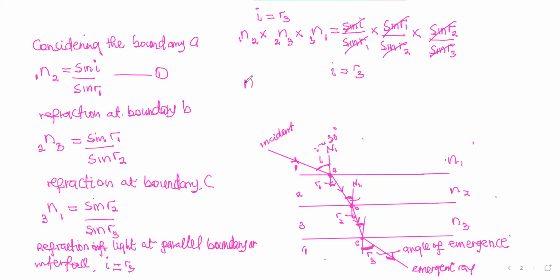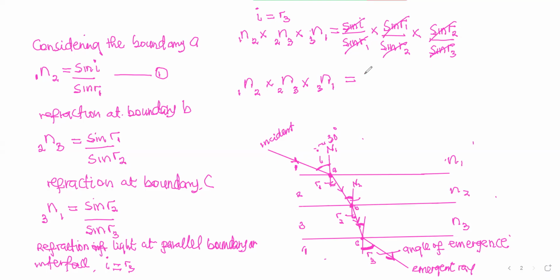Therefore, the refractive index from 1 to 2 times the refractive index from 2 to 3 times the refractive index from 3 back to 1, this product is equal to what? Class, this product is equal to what?